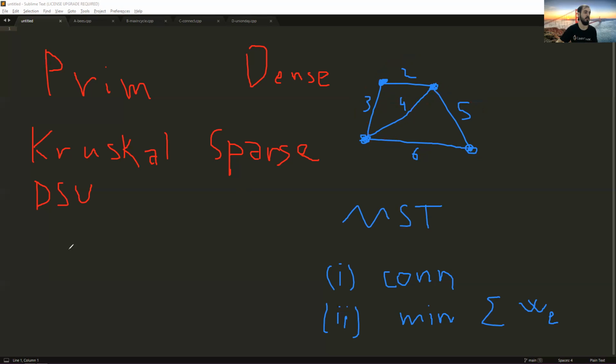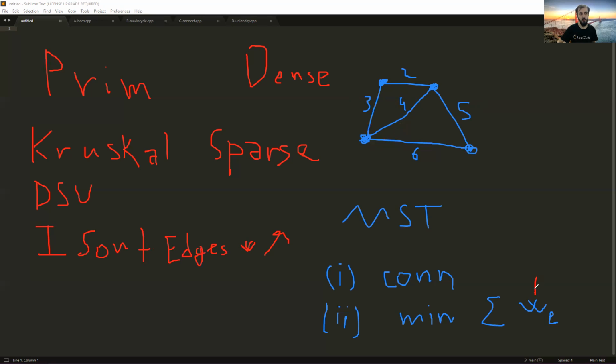So again, the algorithm is as follows. First step, you sort edges by weight increasing, because you want to process the shortest first.